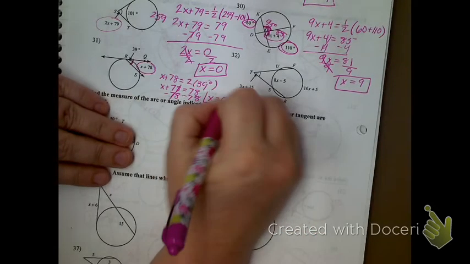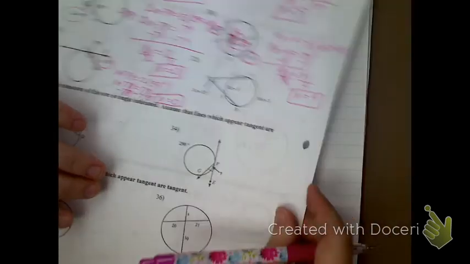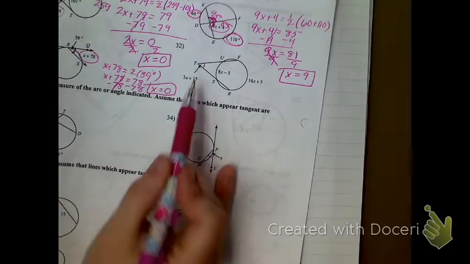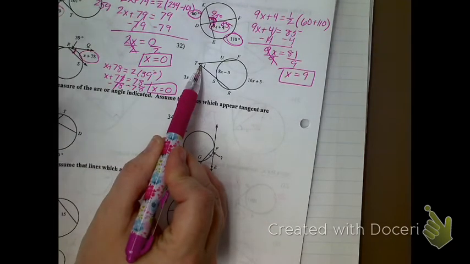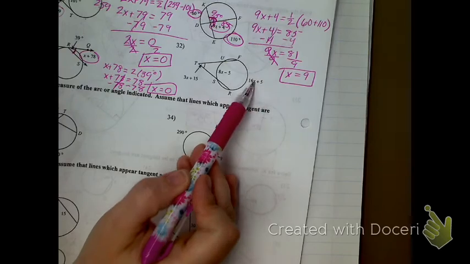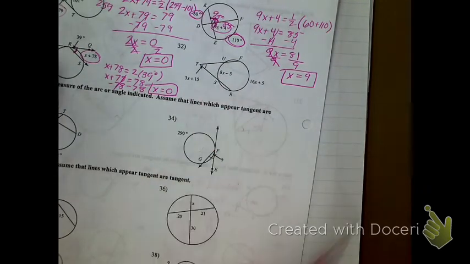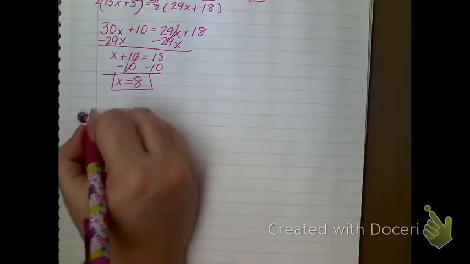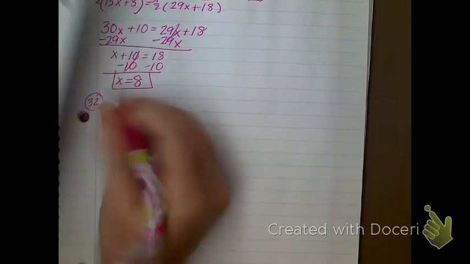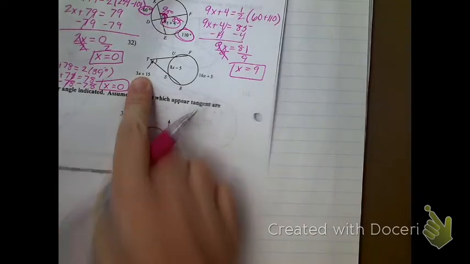Okay. And finally, 32. I think I might need to go to my other paper. I have an angle outside so that I know that it's going to equal 1/2 of the big arc minus the small arc. Now this one has a little trick to it that the other ones didn't, so watch closely on this one. Number 32. The angle is 3x plus 15.